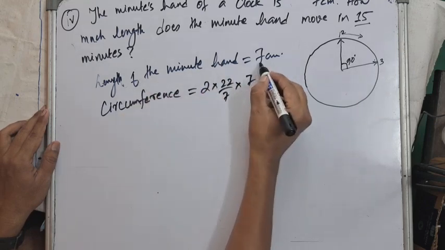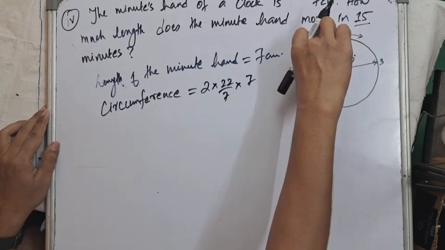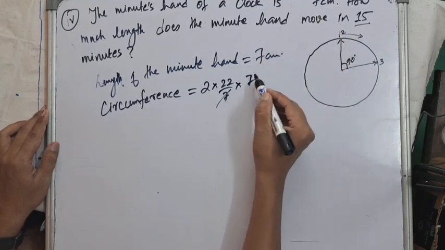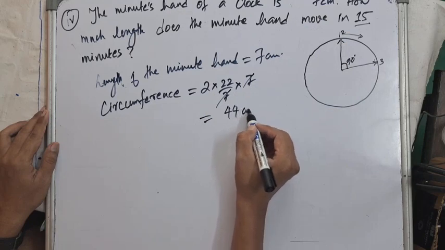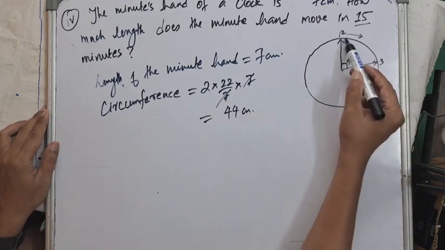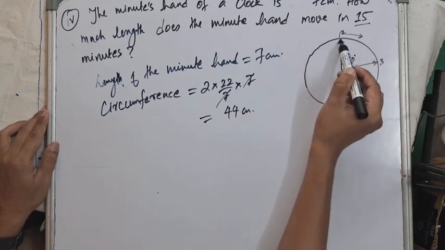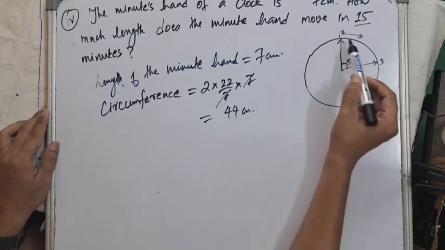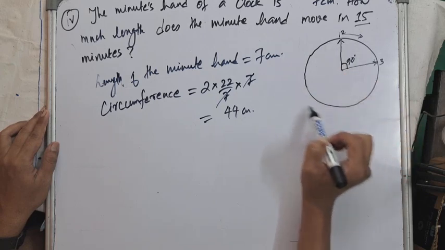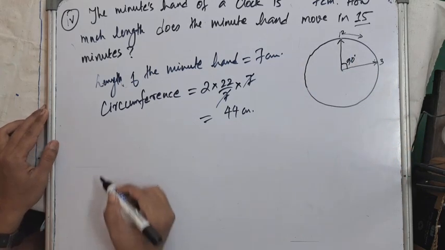The radius is 7 cm; the minute hand is equal to the radius of this clock. 7 cancels out, 2 into 22, that is 44 cm. If the minute hand had completed one revolution, then it would have traveled 44 cm, but it completed only 1/4 of this total distance, isn't it?